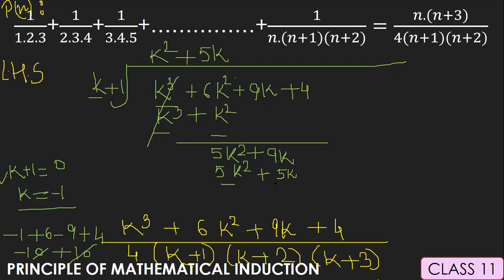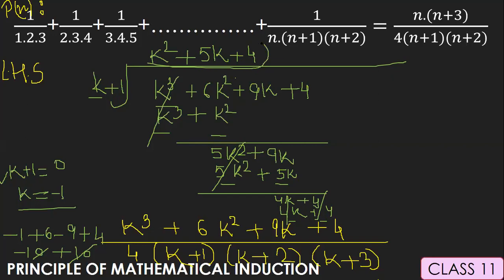Change the sign, 5k square would cancel out. You are left with 4k plus 4. So you would multiply with 4. 4 into k is 4k, and 4 into 1 is 4. So it would be 4k plus 4. Change the sign and cancel out.